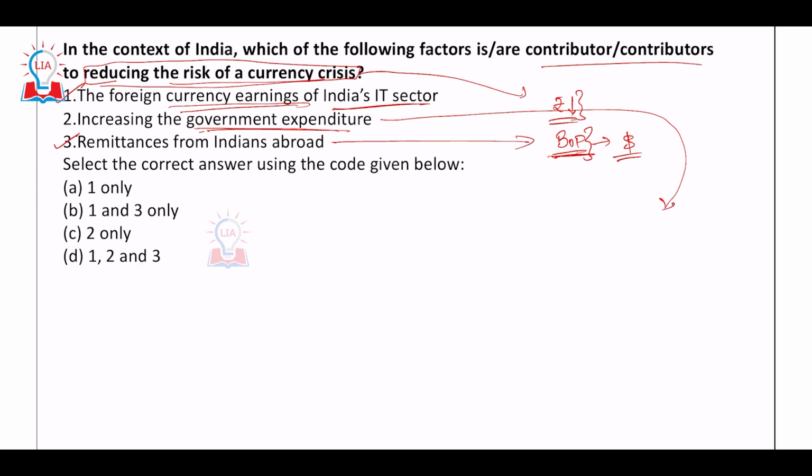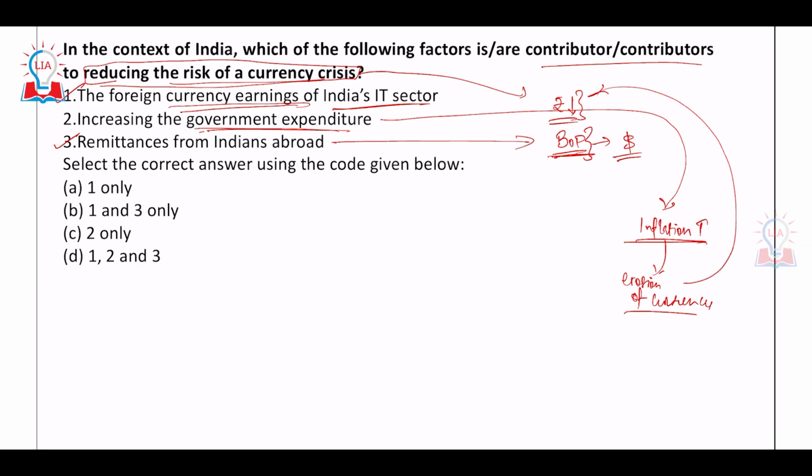So increasing the government expenditure, what would it lead to? This would essentially mean that the money supply would increase, inflation goes up, erosion of the currency value. If erosion of the currency value happens, obviously the rupee will slide downwards. When the rupee slides downwards, depreciation of the currency would happen.